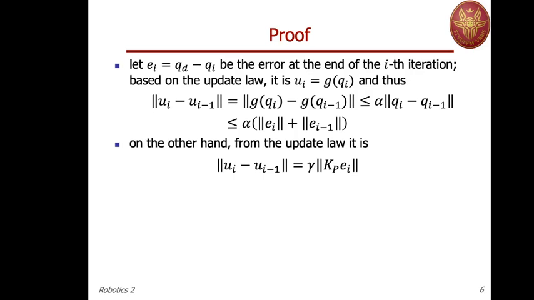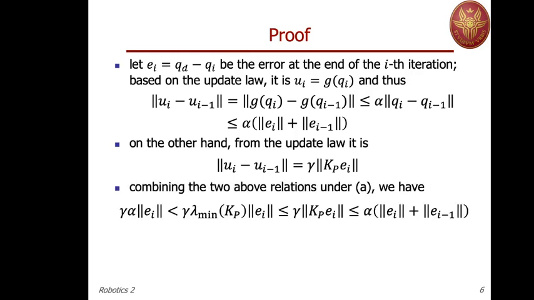Now if we put together these two equations, we can substitute Ui minus Ui-1 in norm in the first equation and have, look at the right hand side of this chain of inequalities, that gamma times the norm of Kp times the error at iteration i is less or equal than alpha times the sum of the norm of the error at the end of two successive iterations.